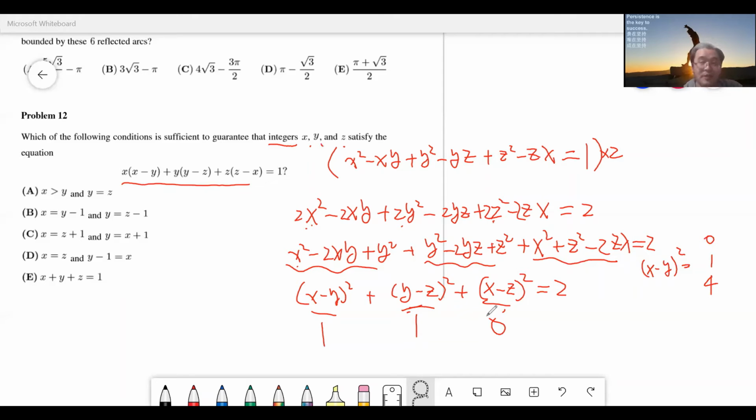Or we can find a different combination, two being 1 and the other 0. Anyway, going through this, we find D is the correct answer: x equals z, and x and y differ by 1. Since x equals z, y and z also differ by 1.